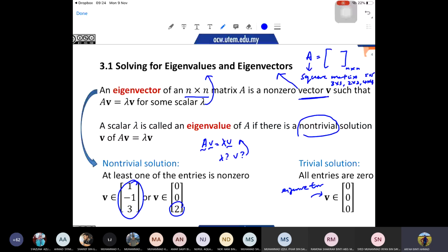Before we proceed with example for a better understanding of this concept of eigenvalue and eigenvector. Dan make sure V adalah satu matrix yang non-trivial solution. Maksudnya entry dia semua tak boleh sama dengan kosong.